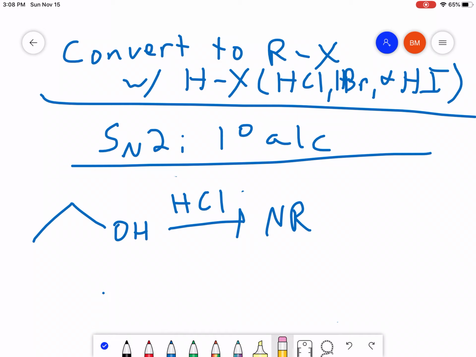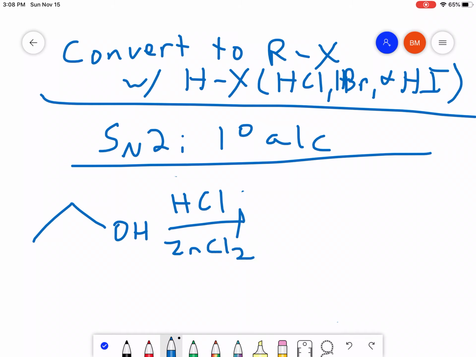Well, Cl minus, out of all these, Cl minus, Br minus, or I minus, Cl minus is the weakest of the nucleophiles. In fact, it's so weak, it can't even knock off water as a leaving group. How sad is that, right? So, if you want to do this with HCl, you got to give it a little bit of help. You got to make an even better leaving group than water.